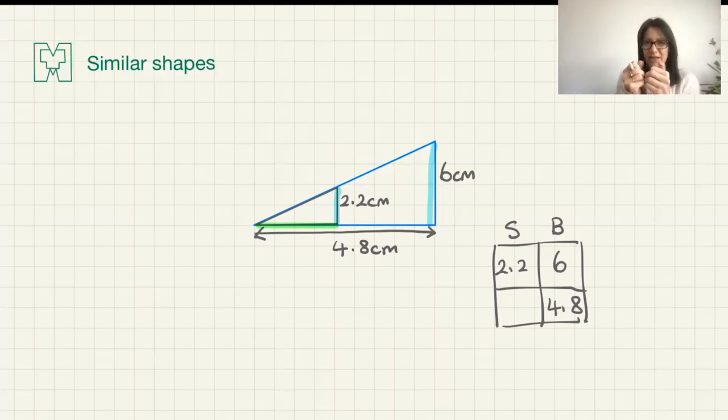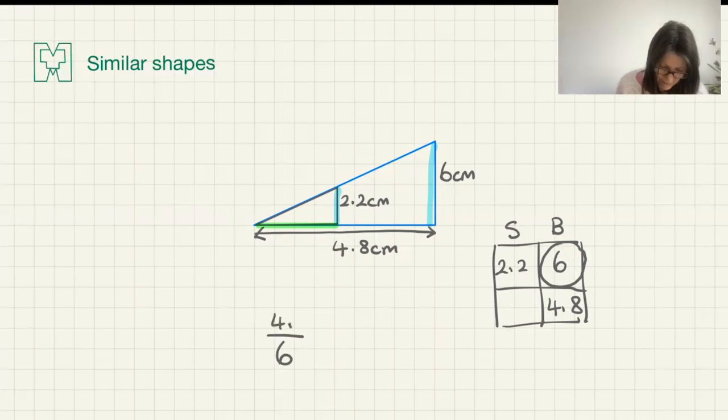If you remember that toy slidey tile game, the number 6 can't be moved anywhere because the 2.2 and the 4.8 are in the way. So I call the 6 my trapped number. My trapped number will always go on the bottom of a fraction. It will become a denominator. And then the other 2 numbers can go in any order you like.